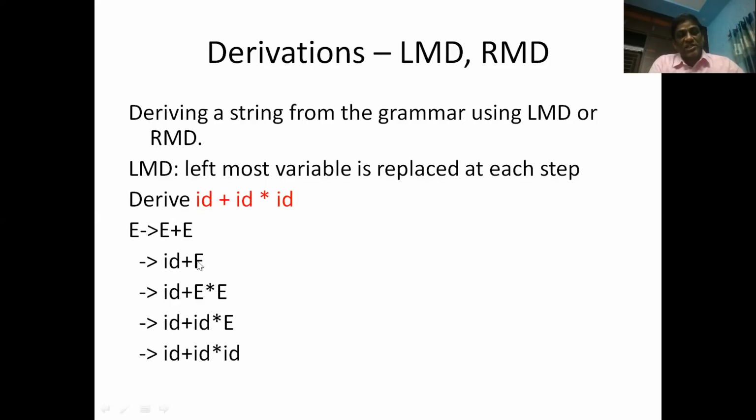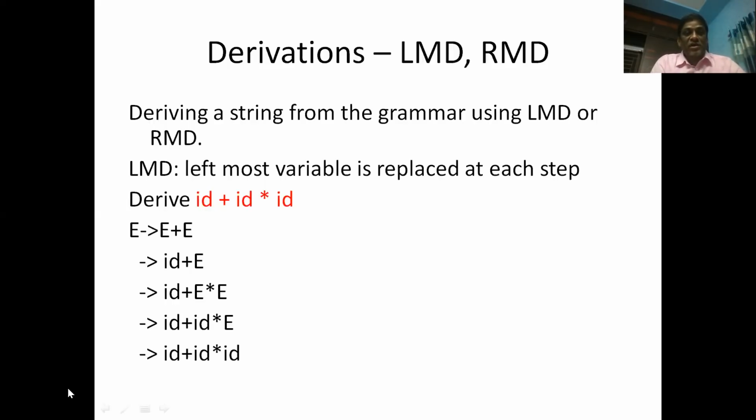So ID plus E, this E is replaced by E star E, because I want to produce ID star ID. And then in the next step, the leftmost E is replaced with ID. And in the last step, the only remaining variable, capital E, is replaced with ID. So this is how a string can be derived from a particular grammar.